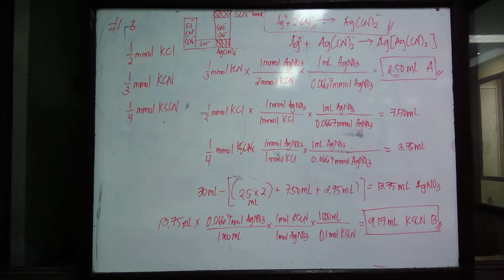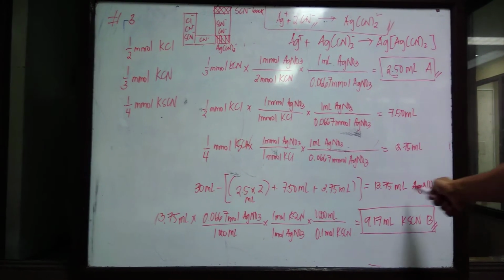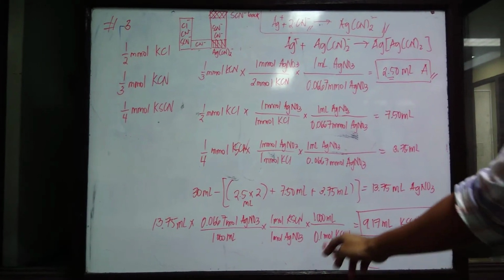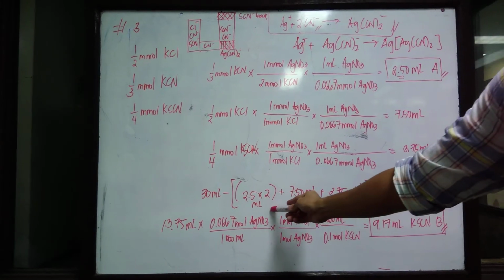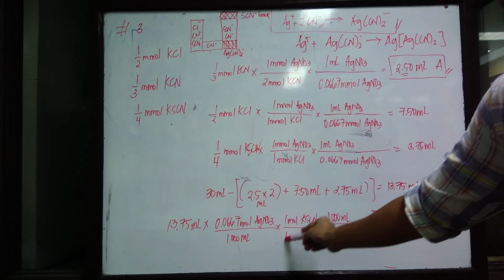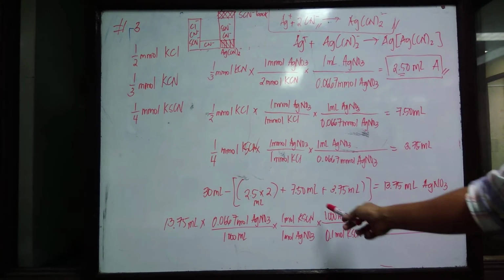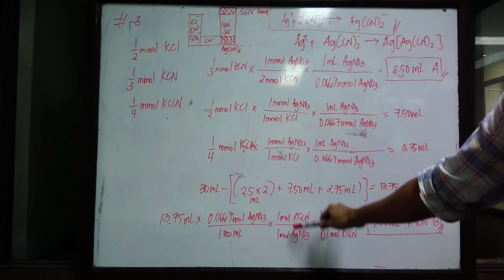Now, yung pinapakompute sa atin was the amount of thiocyanate. This amount can be expressed in terms of your thiocyanate. So, 13.75 times the molarity of your silver nitrate, it will give us the moles. And alam natin na yung molar ratio ng thiocyanate at silver nitrate ay 1:1.